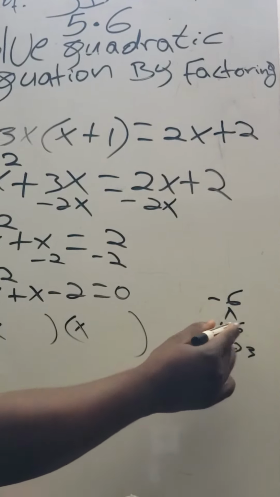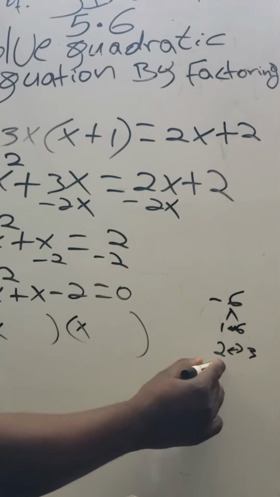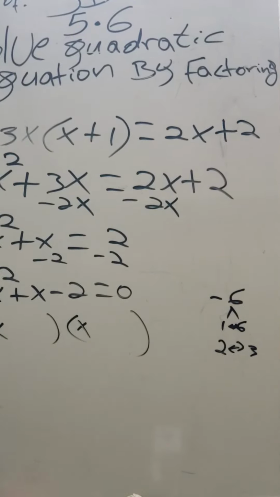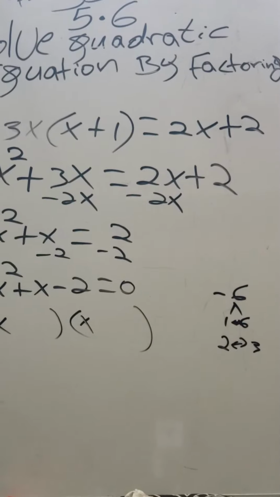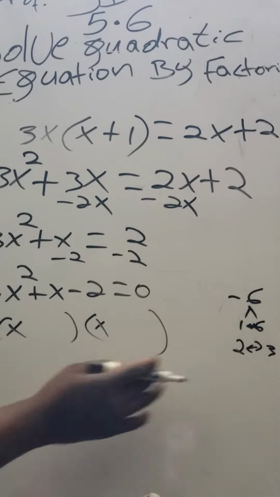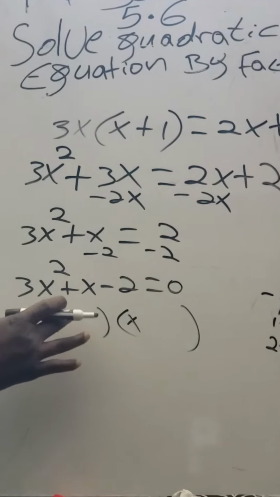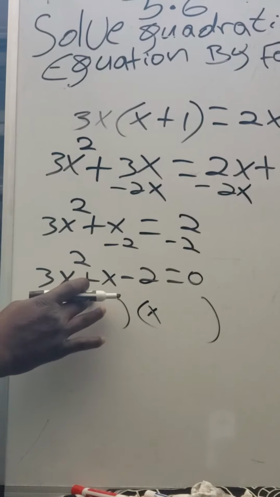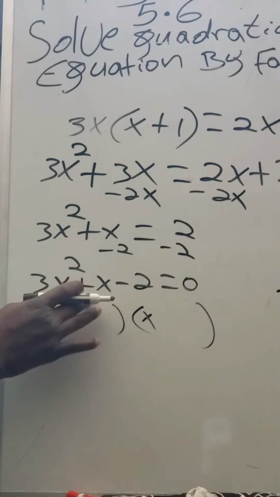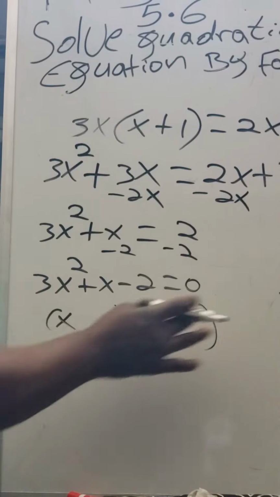If we divide it by 3, it's still going to be 2 and 3. So now you have 2 and 3 as your numbers, so you have to find a way to get a 1 once you add and once you multiply to get this -6.